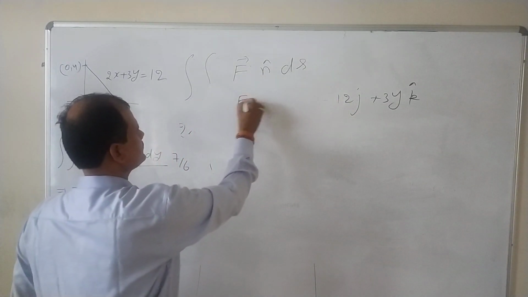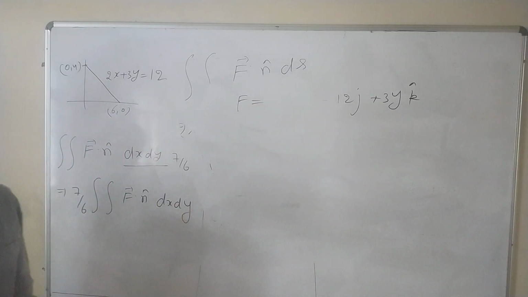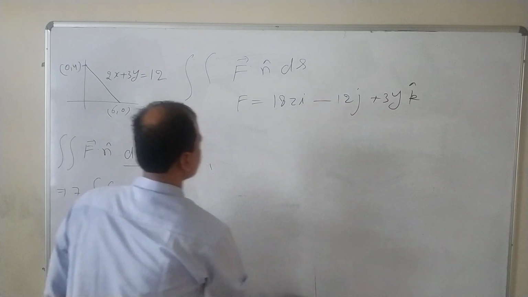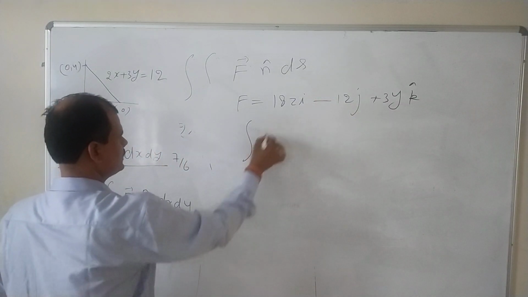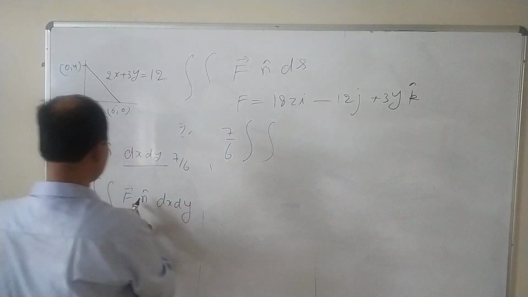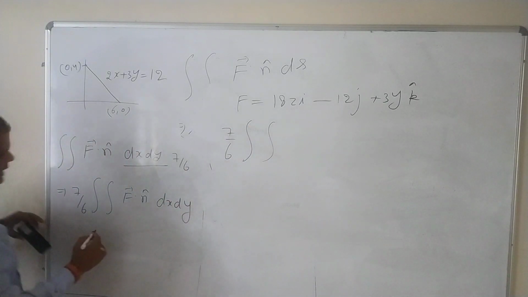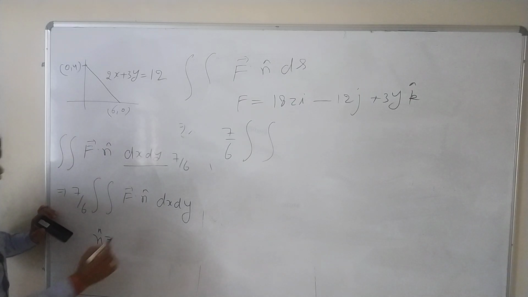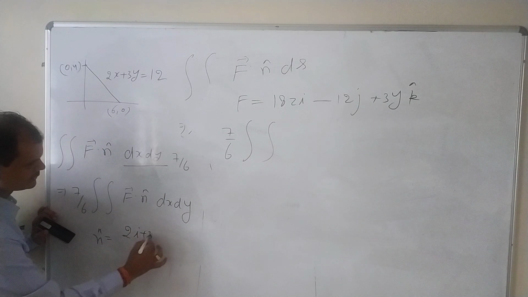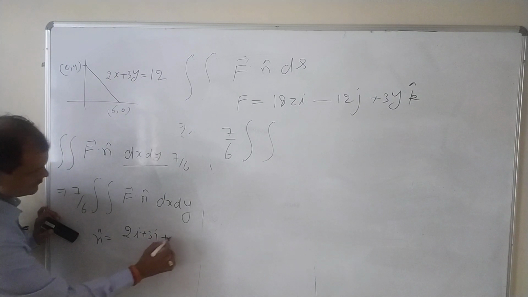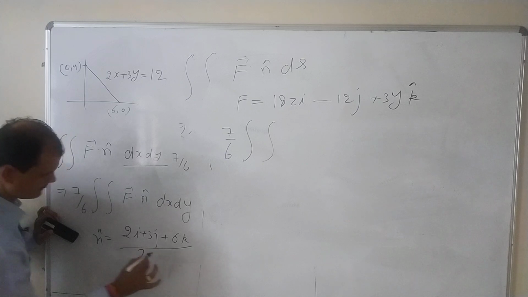F was 18z i minus 12 j plus 3y k, and n was (2i plus 3j plus 6k) divided by 7.